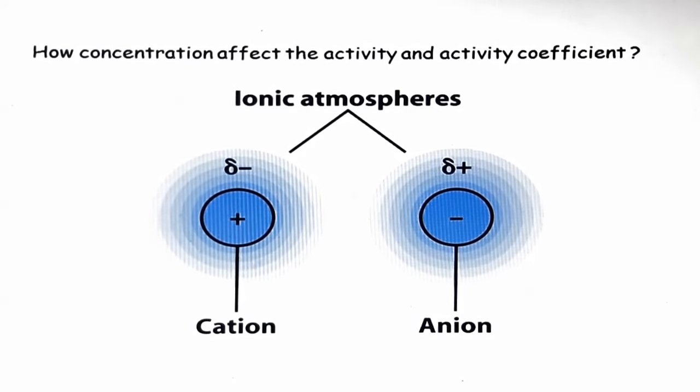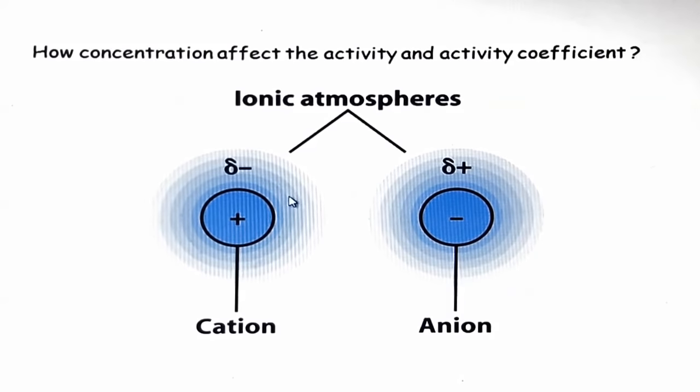But in a dilute solution, the number of cations and anions will be less. In that condition, if one cation is there, it will be covered by anions, but the number of anions will be very few. So proper shielding will not be there, and in this ionic atmosphere mostly solvent molecules will be present.